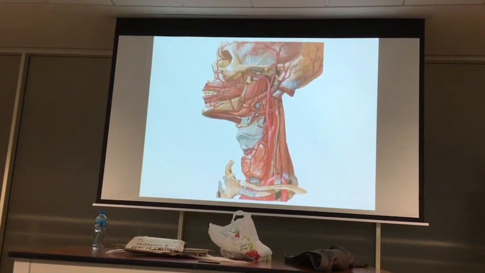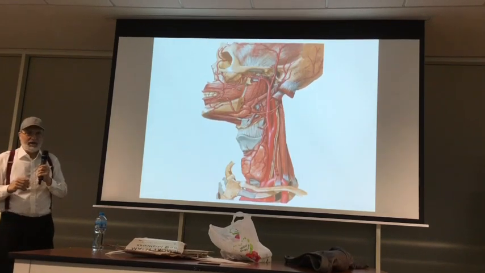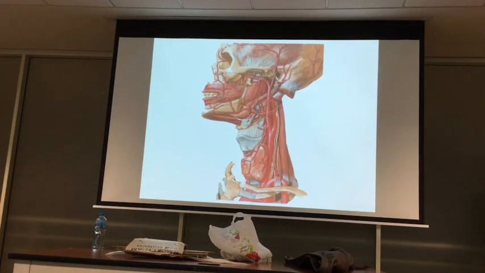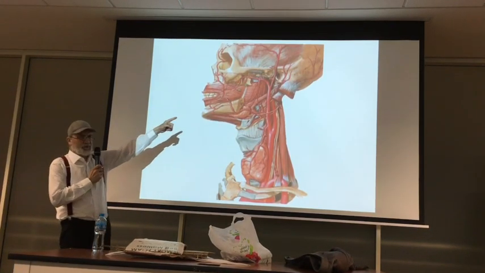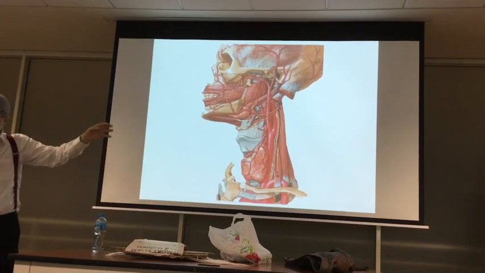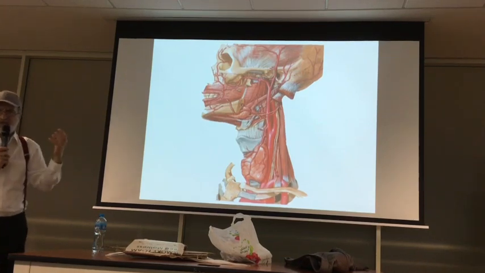This is the muscle of the cheek, buccinator. And posteriorly attached to it is the muscle of the pharynx, called SCM, superior constrictor muscle of the pharynx, while the muscle here is called buccinator.